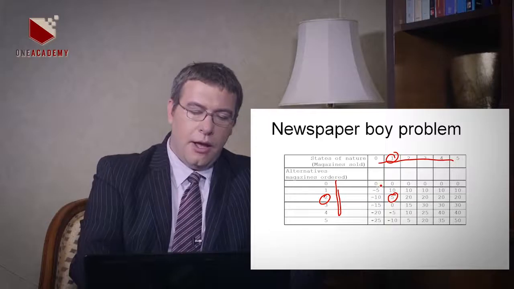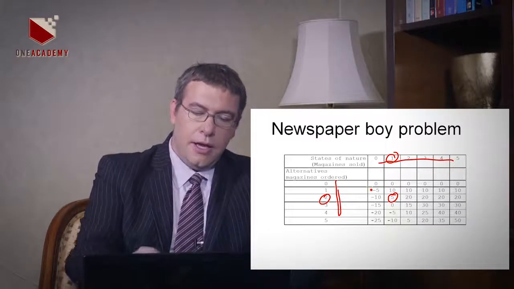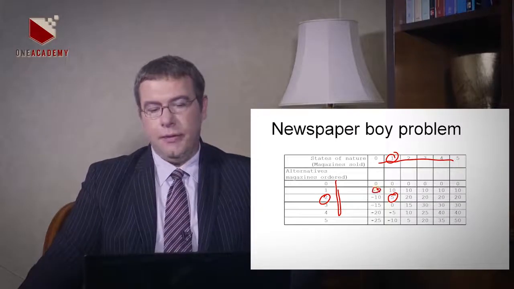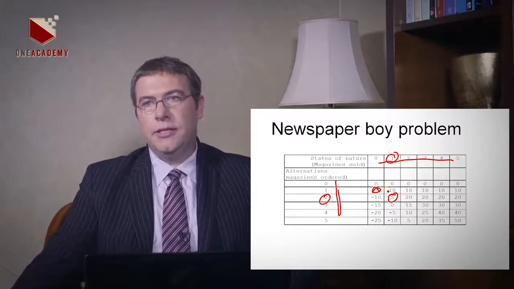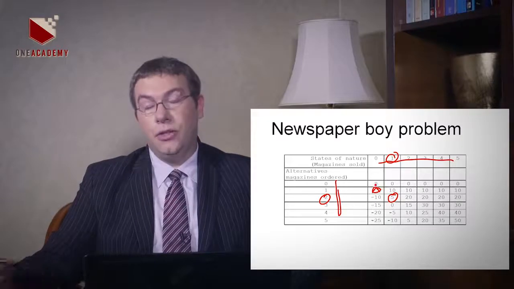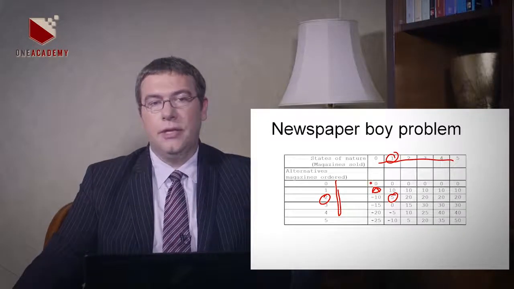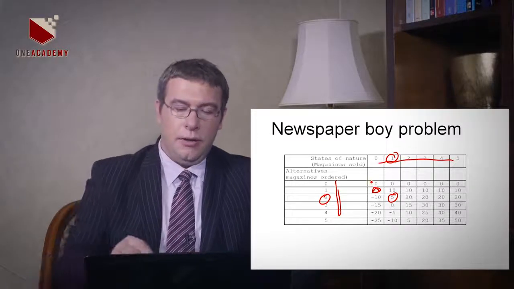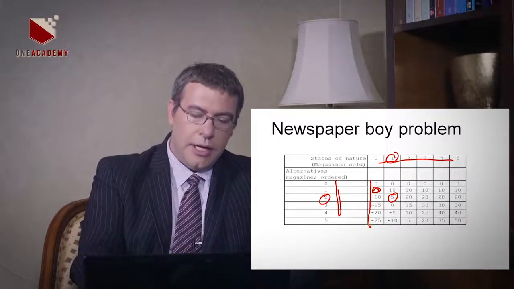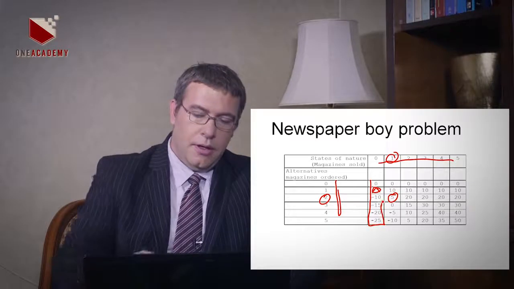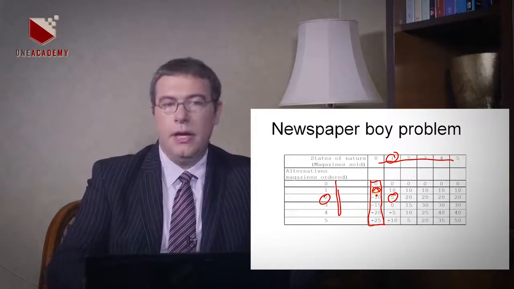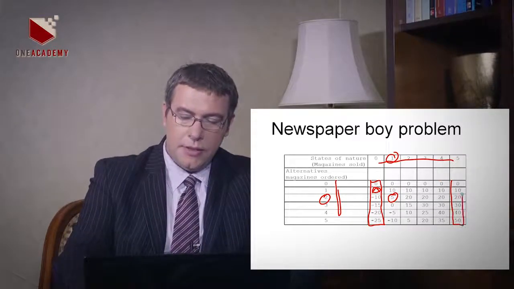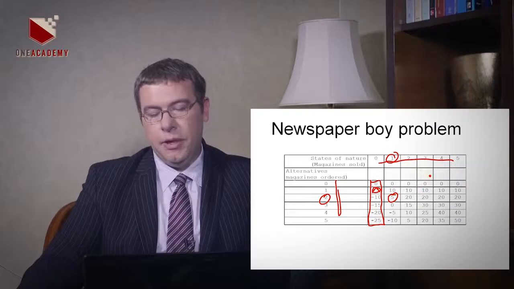So let's say I order 1 magazine and nobody comes to me, I end up with a profit of -5. In this case, and it's not at all necessary in every normative decision problem, all the minimum negative profits are grouped in the first column, and all the best profits are grouped in the last column.